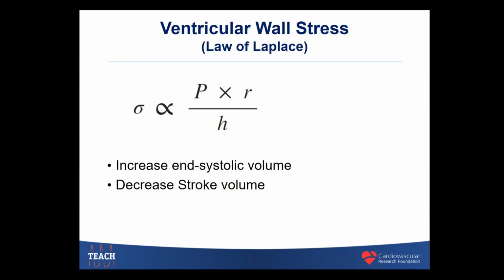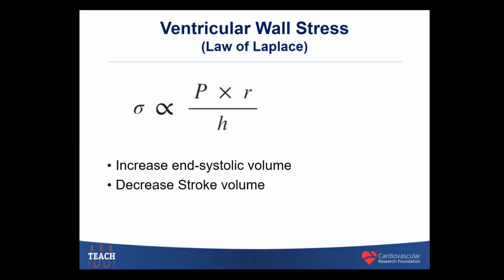Now, Laplace's law I briefly mentioned before, wall stress, which is important. Basically, the wall stress of a ventricle is proportional to the pressure and to the radius, and inversely proportional to wall thickness. And so what that tells you is, if you have a patient who is in decompensated heart failure, and what we say when we say overloaded or hypervolemic, they're going to have high filling pressures because they're full of fluid.